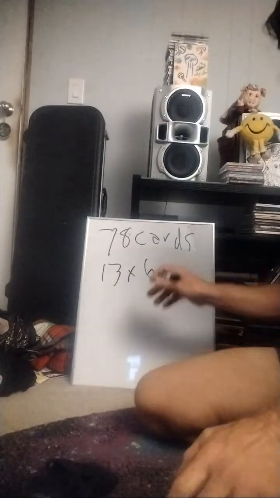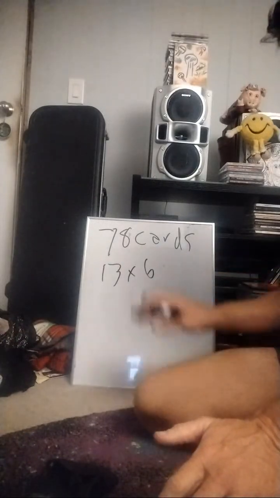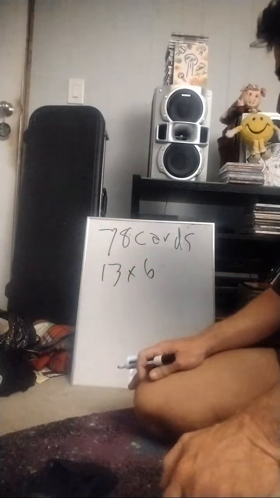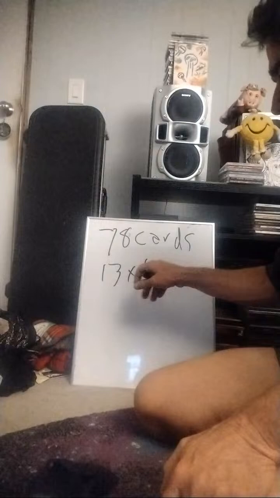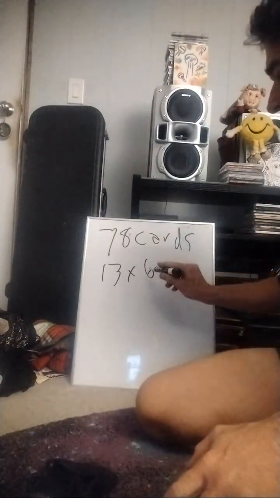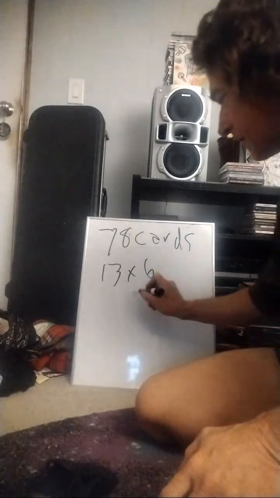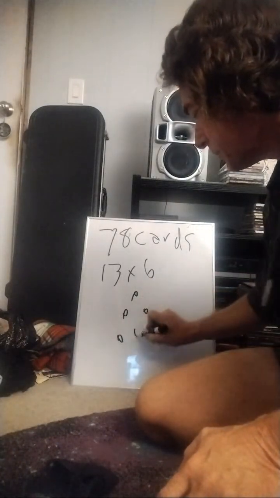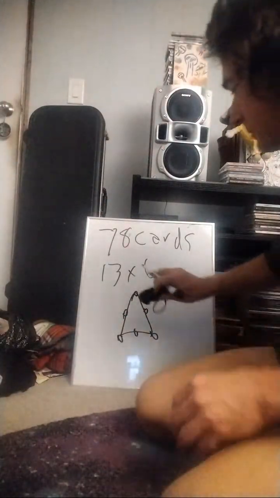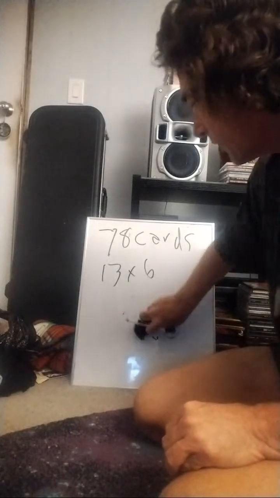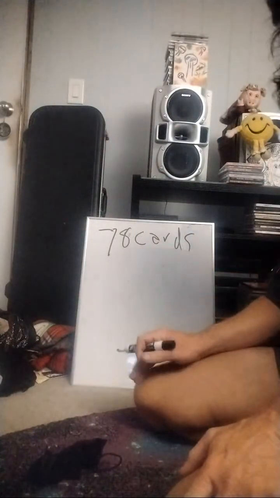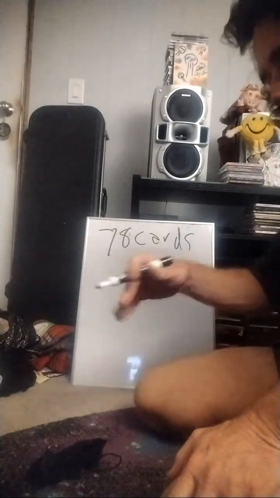So instead of 13 times 4, and 4 is a square number, in tarot it's 13 times 6. And why is that furthermore interesting? First of all, they're both multiples of 13. But also, 6 is a triangular number. It's 1, 2, and 3 make a triangular number. So 13 times 6 can be written as a triangle of 13s, just like 52 could be written as a square of 13s in the playing card example.